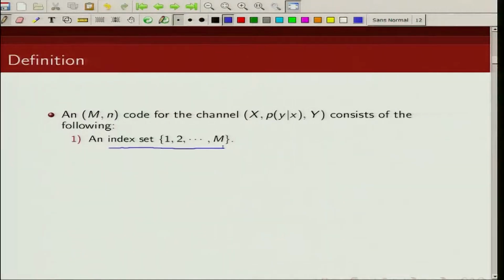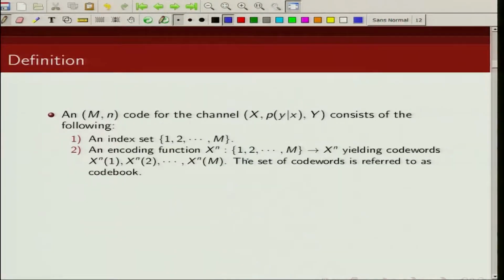This index set will correspond to each of these messages, and our encoder is a mapping of this index set to an n-bit sequence, which we denote by X^n. So, we will have M code words: X^n(1), X^n(2), X^n(3), up to X^n(M). We will refer to this set of code words as the codebook.